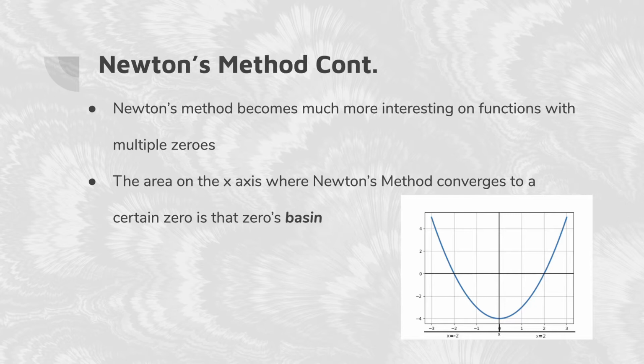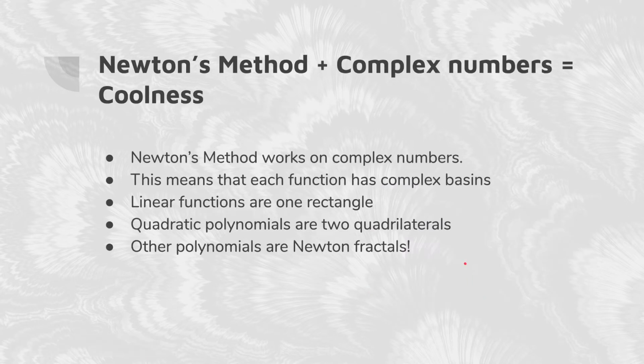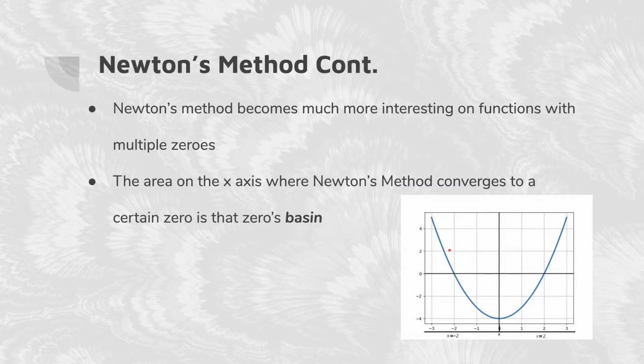So Newton's method becomes much more interesting on functions that have multiple zeros, like this very simple quadratic curve x squared minus 4, because it has two zeros, but Newton's method will only converge to a singular zero. And what zero it converges to depends on what value you choose for x naught.